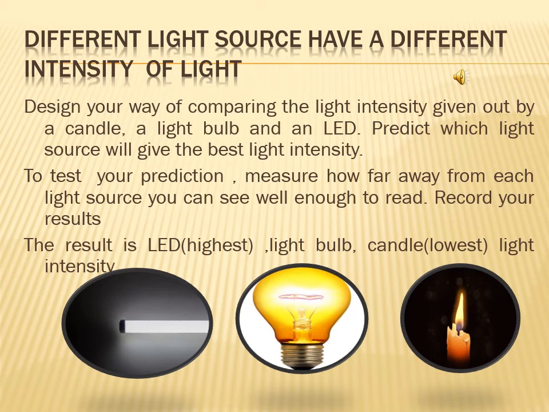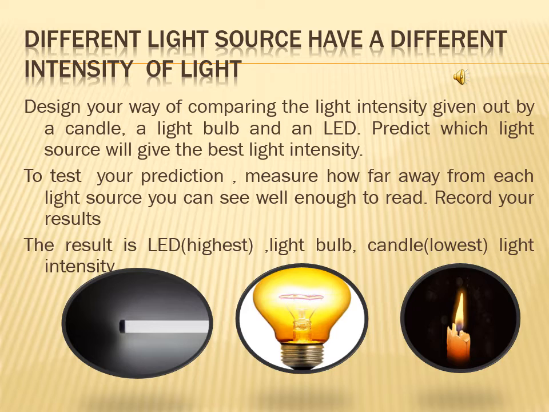Different light sources have a different intensity of light. We can do a small activity on the same at home. Design your way of comparing the light intensity. For example, take a candle, a light bulb and an LED. Predict which light source will give the best light intensity.